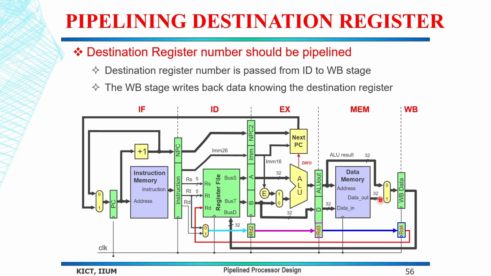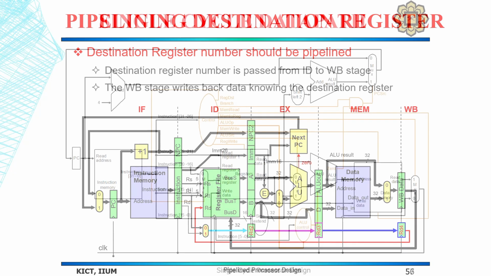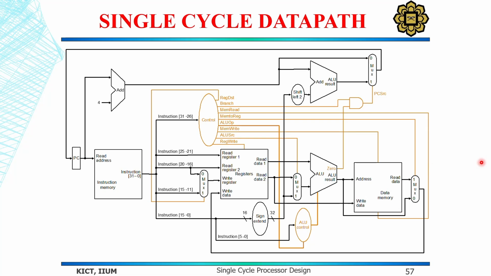Okay, so now we will move to the next slide, which is again the single cycle data path. This is the repeated slide, the same one which we saw earlier in, I think, slide 53.